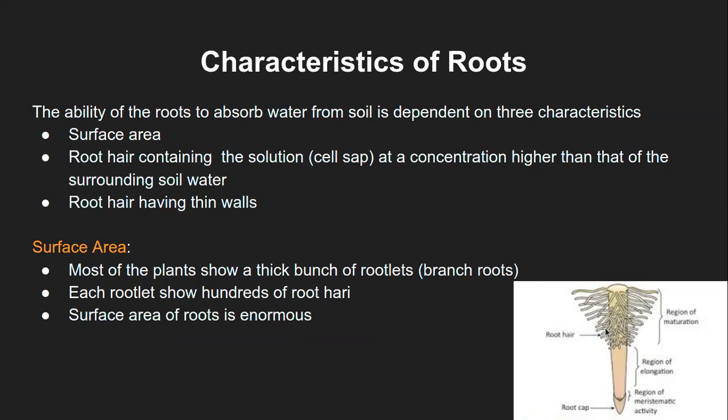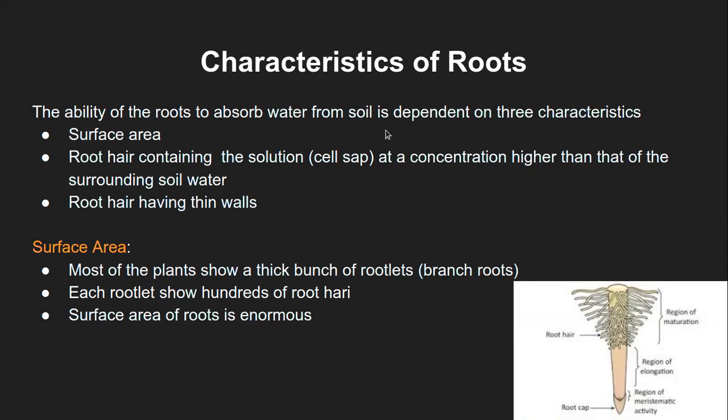There will be a lower concentration of minerals and salts outside the root and a higher concentration within the root, and that creates the concentration gradient across the root hair, and it will absorb more water and more minerals. And the third characteristic is specific to their walls, having thin walls so that it is easier for absorption of water.